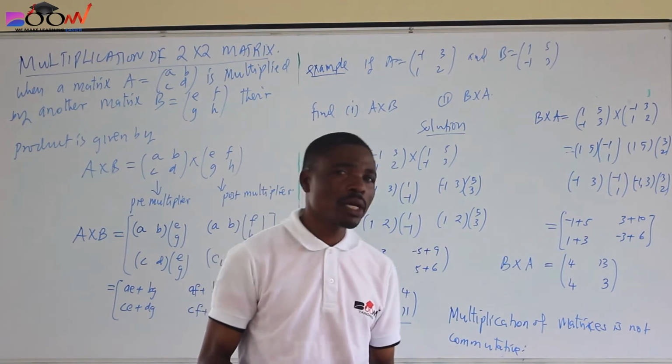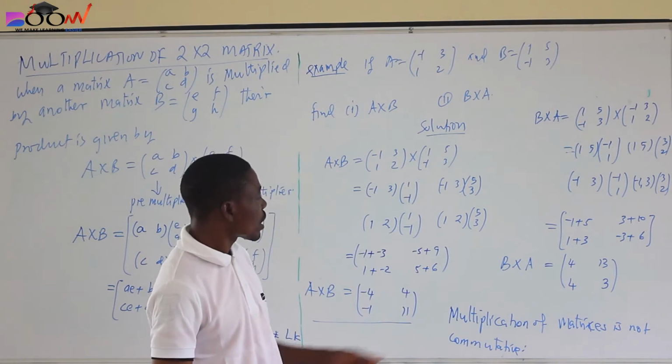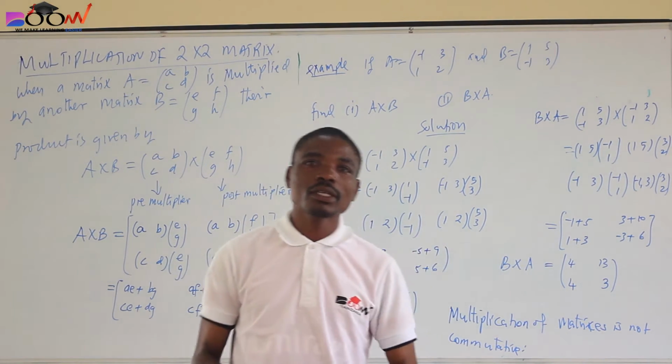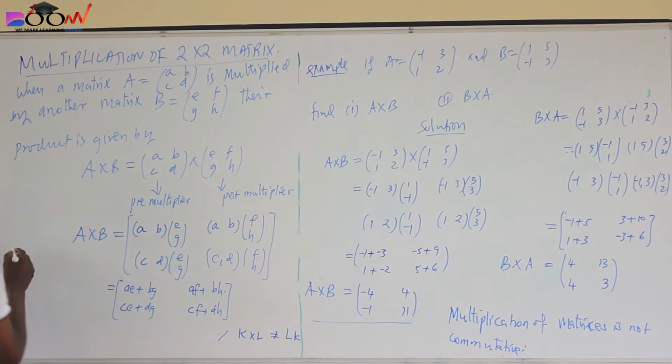When you multiply matrix A times B, it will not equal matrix B times A. That is, 3 minus 4 is equal to negative 1, but not equal to 4 minus 3, which is equal to 1.